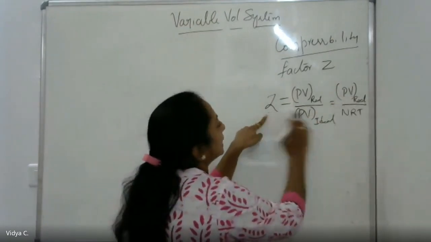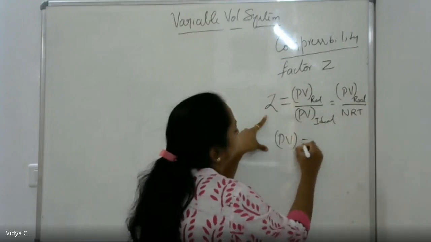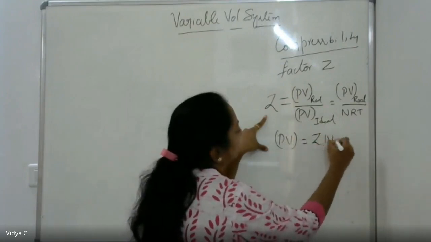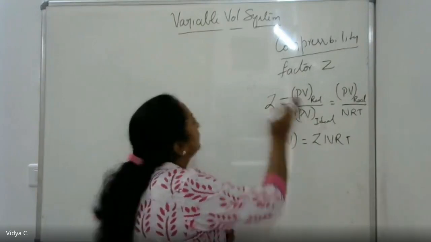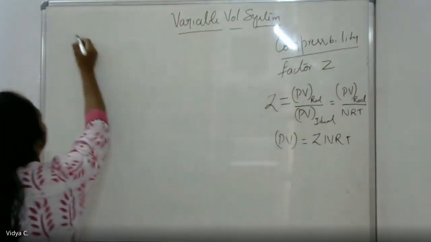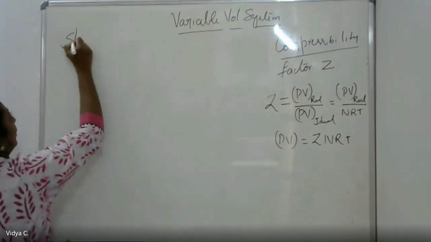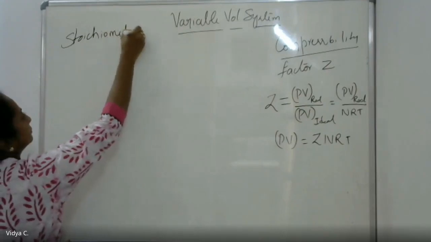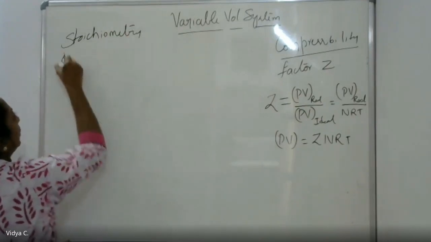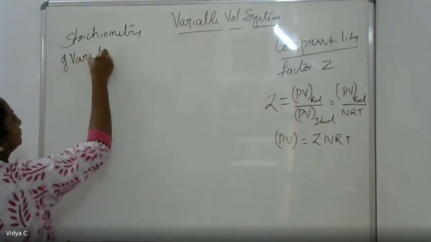PV real will be equal to Z nRT. I take this as a basis for developing or explaining stoichiometry of variable volume batch system.